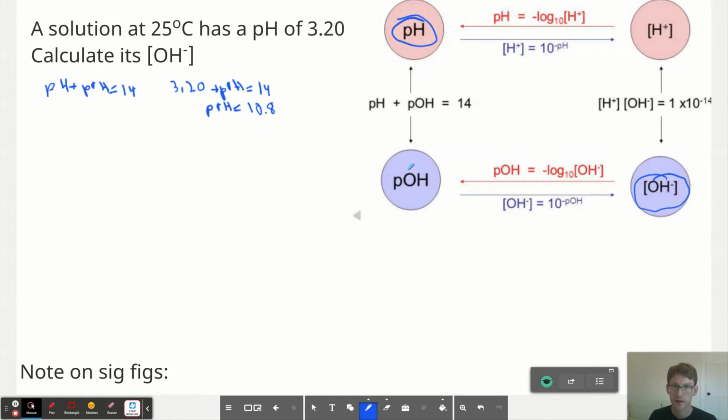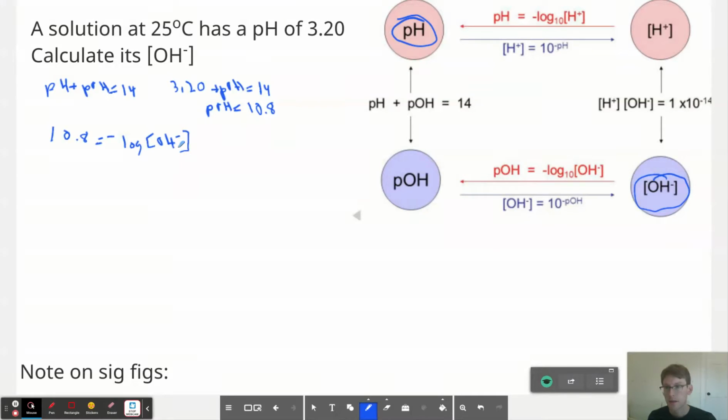So that brings us to here. Now we can move right from pOH to concentration of OH minus by knowing that the definition of pOH is negative log of hydroxide. So 10.8 equals negative log of OH minus.